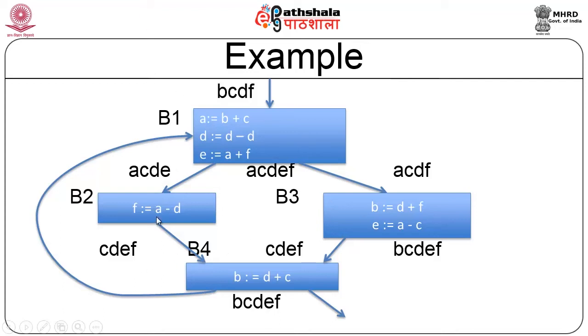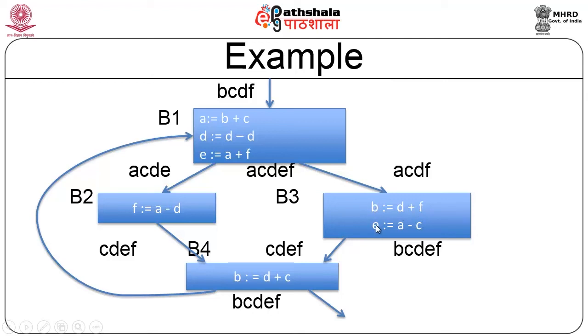Now, when I have F equal to A minus D, in this block A is used once, D is used once, and F is supposed to be live. Whatever you are defining is called live here. Similarly here, if I say B equals D plus F and E equals A minus C, the variables A, C, D and F are used once, and B and E are supposed to be live.